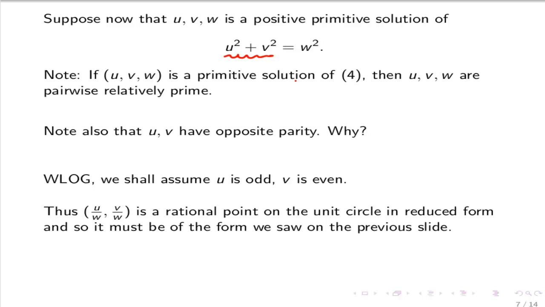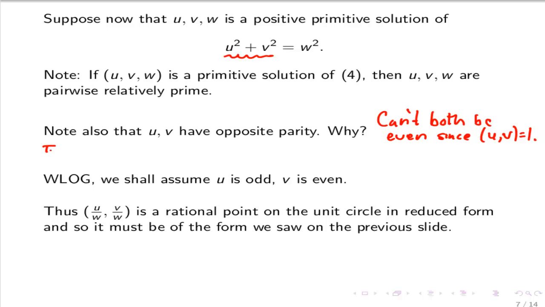Note also that the values u and v have opposite parity. So one of them is even and one is odd. And why is that? Well, they are pairwise relatively prime, so they can't both be even, since the greatest common divisor of u and v equals 1. And why can't they both be odd?